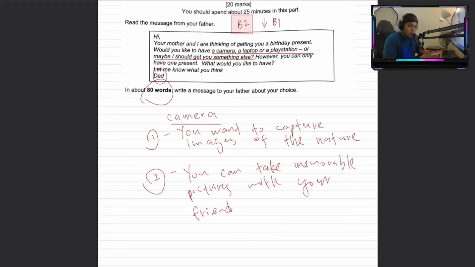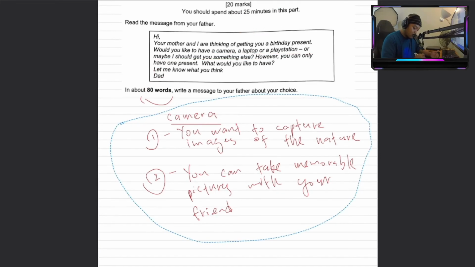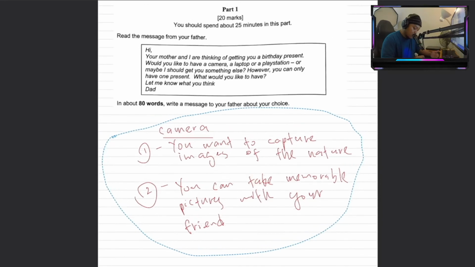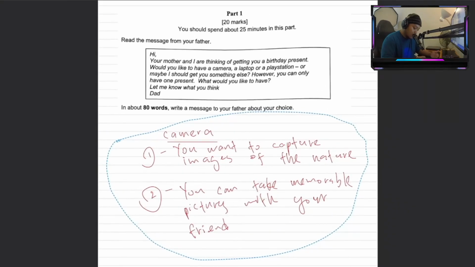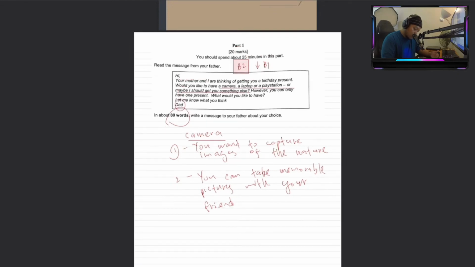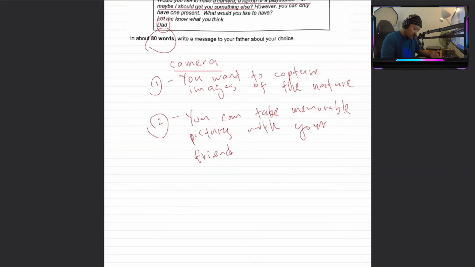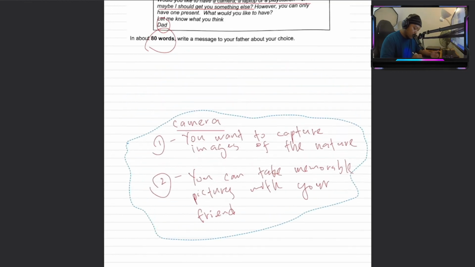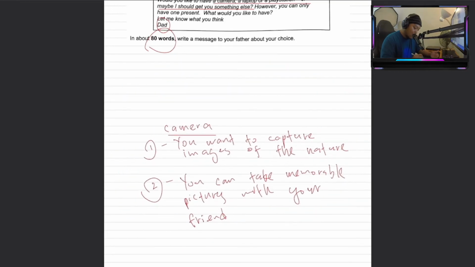Now like I told you before, whenever you're writing an essay, you need to have a good organization. Over here we already have the content, which is really important. Other than these points, you need to have other things.